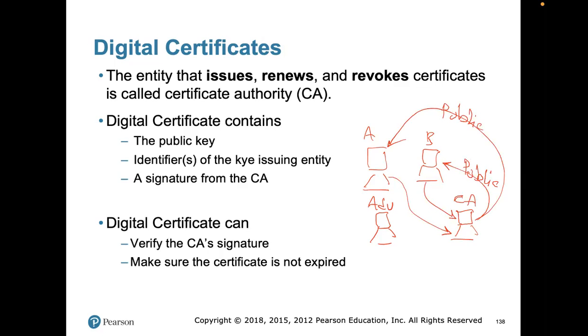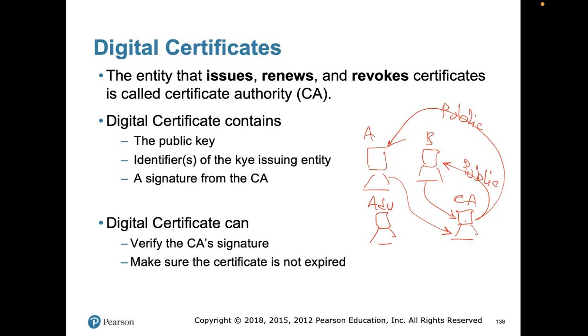So once two persons, let's say Alice and Bob, have decided to start a secure communication, and they just want to exchange their public key with each other, it's not like Alice just comes and sends the public key to Bob. No, Alice goes and asks the certificate authority to send her key to Bob.